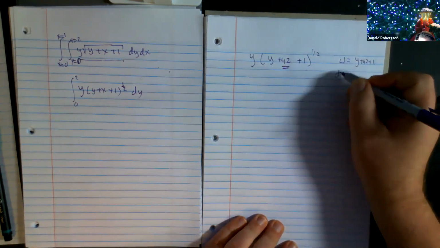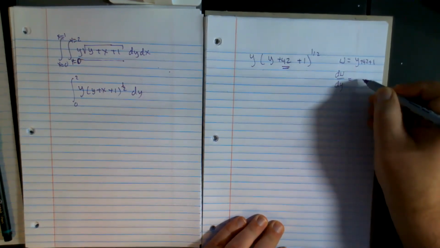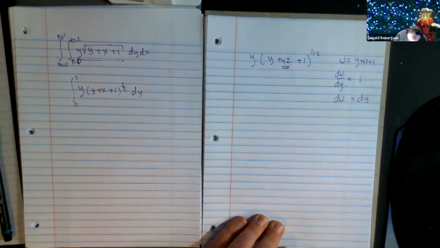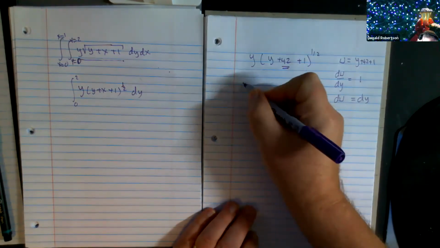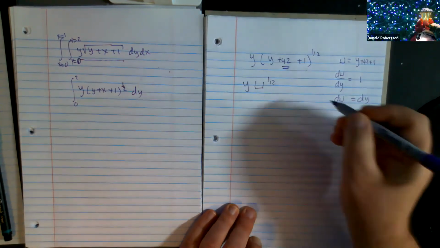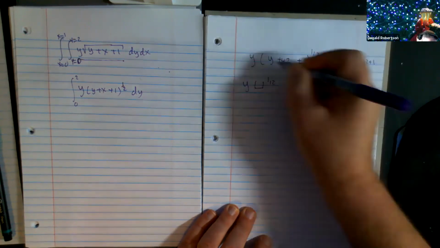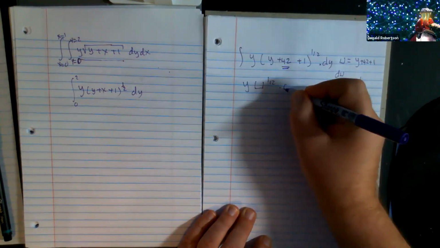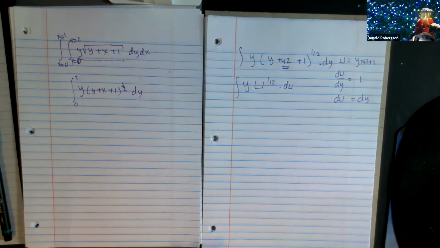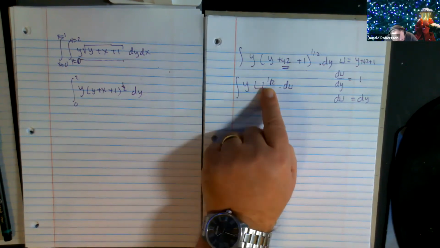Well, if I did my u sub, I would get 1, and so du would become dy. And this would become y, u to the half, and the dy bit would become a du bit. And you might say, well, you haven't really made my life any easier because now I have a y and a u to the half.